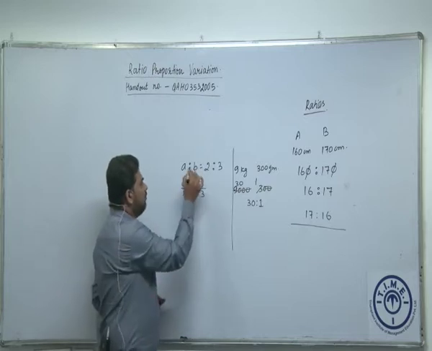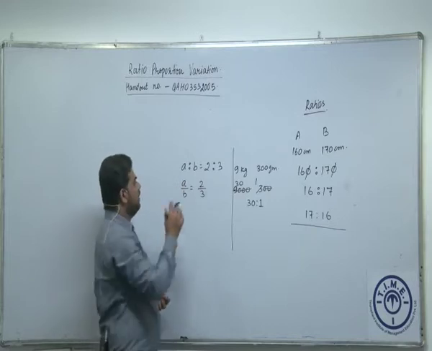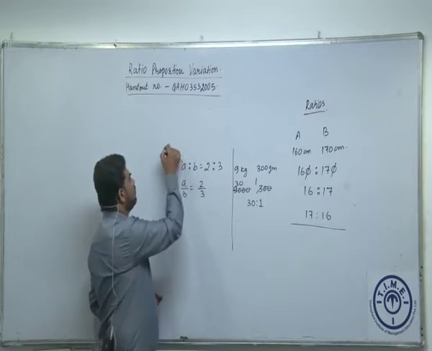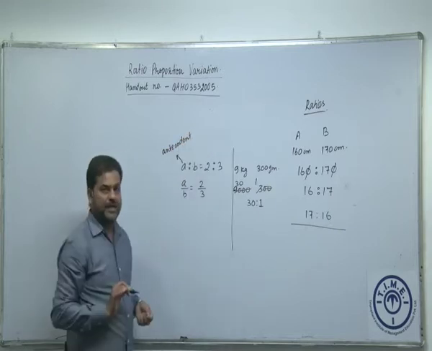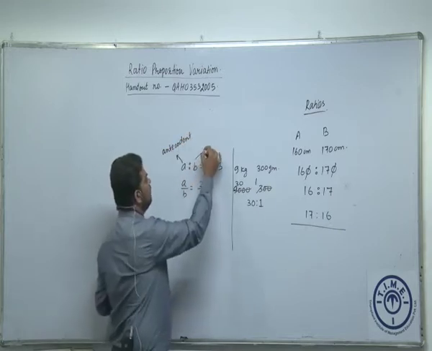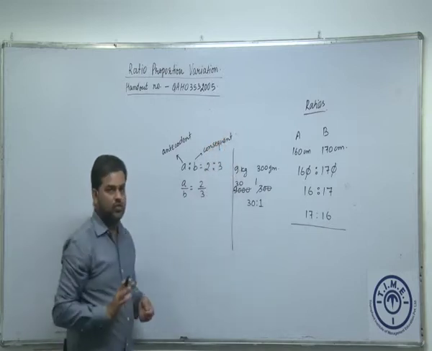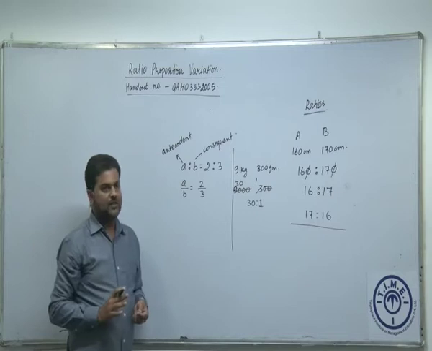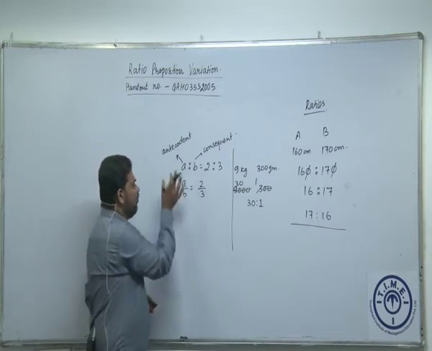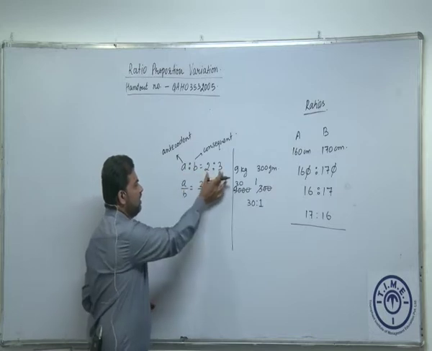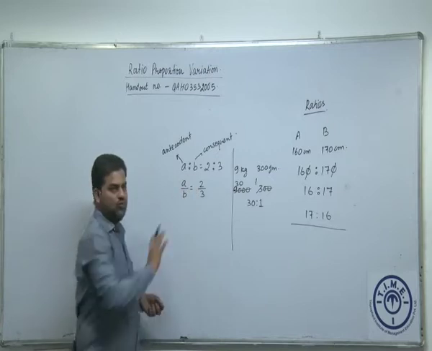If you have two terms in a given ratio, so here we have two terms, A and B, the first term in the ratio is known as antecedent and the second term is known as consequent. So one thing is we can write A is to B as 2 is to 3, or as A by B equal to 2 by 3.